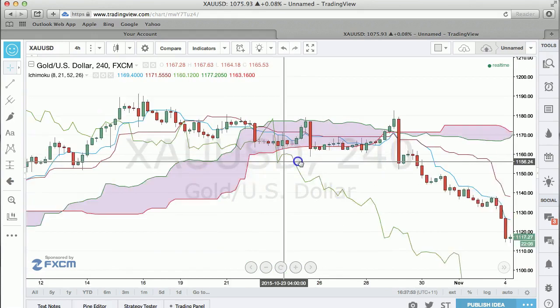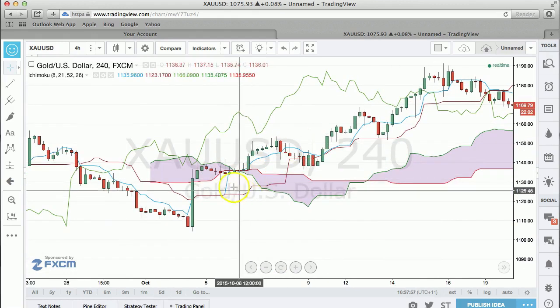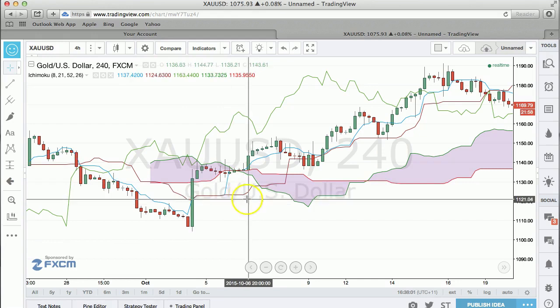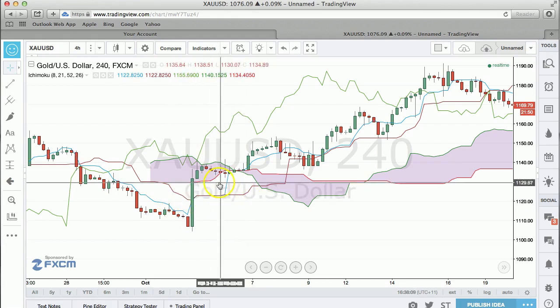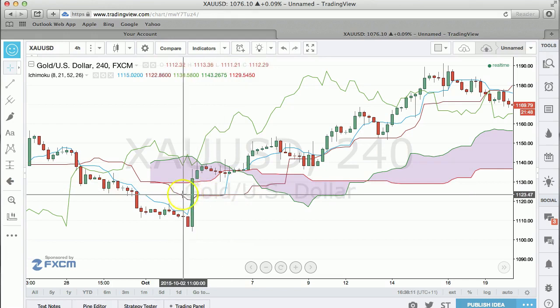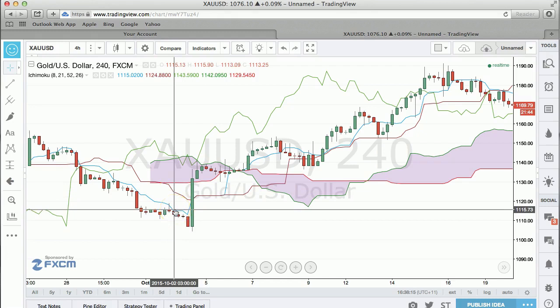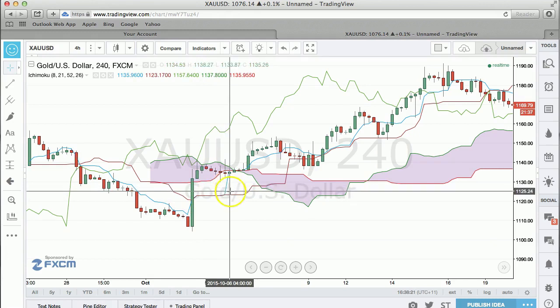The second confirmation, I'll give you an example right here, is the blue line and the red line, again, the conversion line and the baseline, they need to cross. So what you notice here is that the red line is on top, the blue line is on the bottom, they converge together, then they cross, the blue line is on the top and the red line is on the bottom.